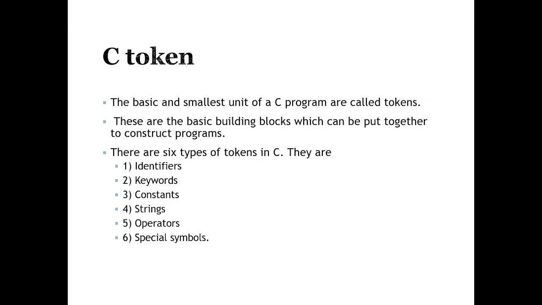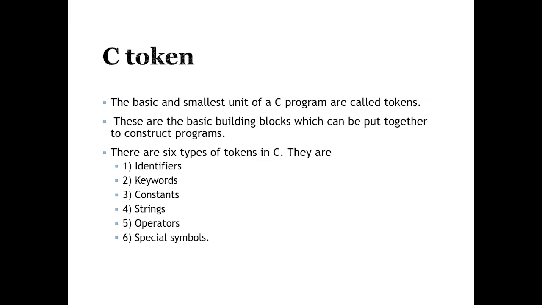When I combine the characters together, you get a meaning. Similarly, when I combine the characters together and make a token, that makes some meaning to the C programming language. So tokens are nothing but the basic building blocks that can be put together to construct the program.